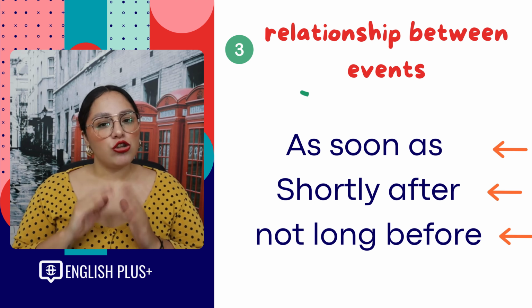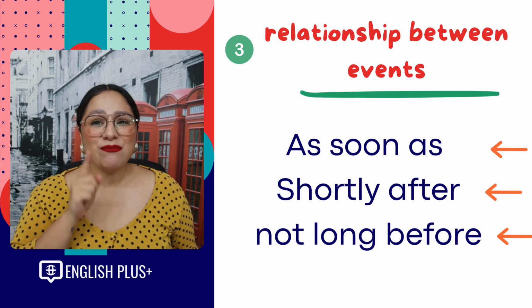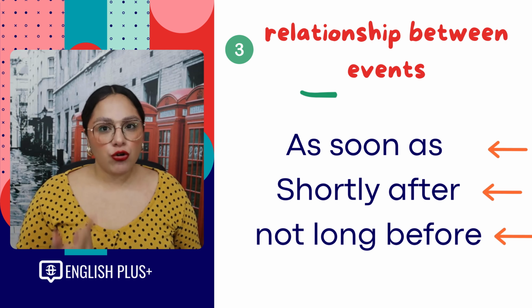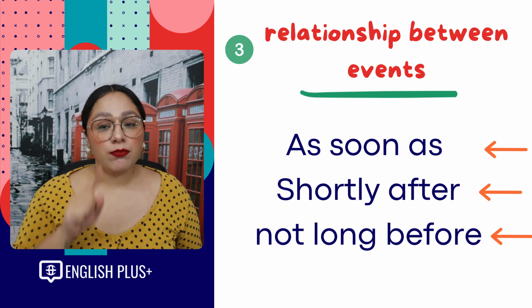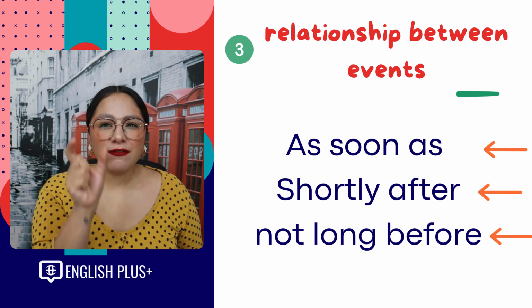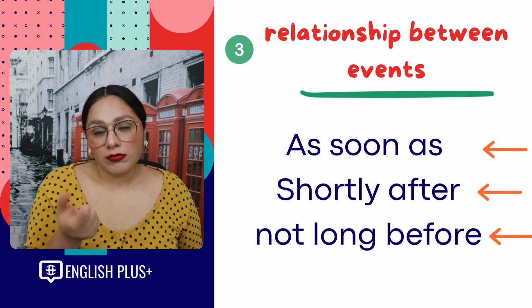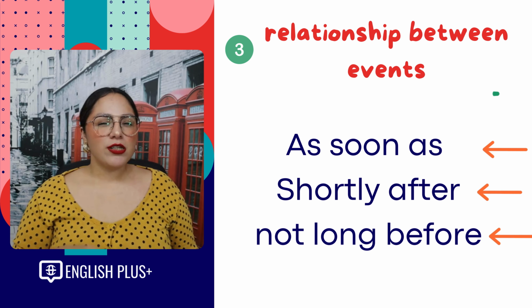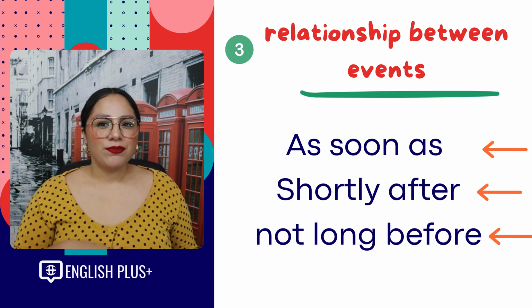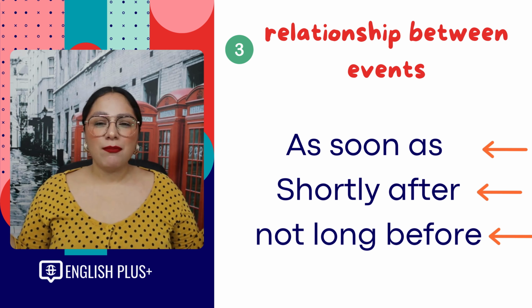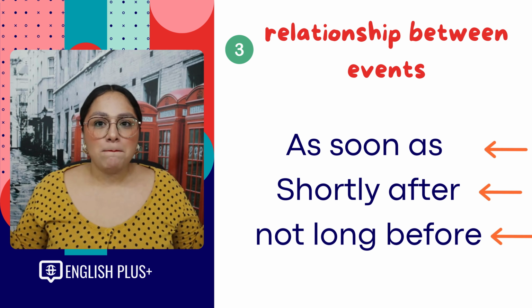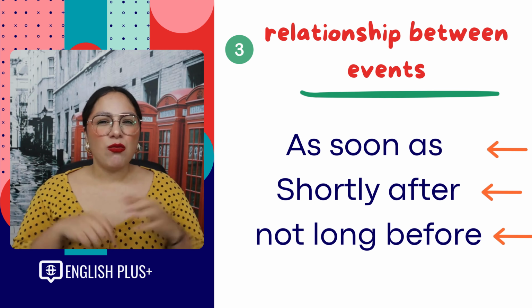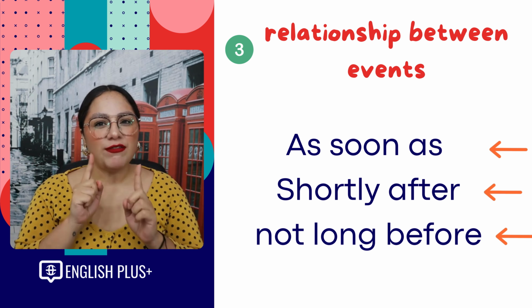What about shortly after? That implies that one event occurred a little while after another, but with a brief time gap. What about not long before? That refers to one event happening shortly before another, meaning there wasn't much time between the two events.